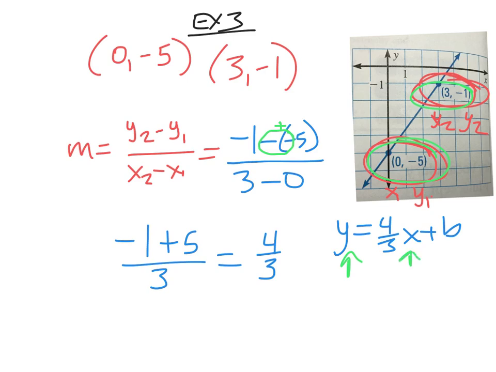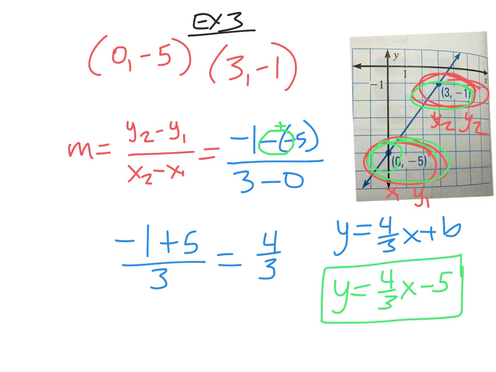Just to remind you. Now, in this case, you can just look at the graph because they've given us the graph. So what is the y-intercept for this one? Where does it cross the y line? -5. Yeah, so my equation is y equals 4/3 x minus 5. Good.